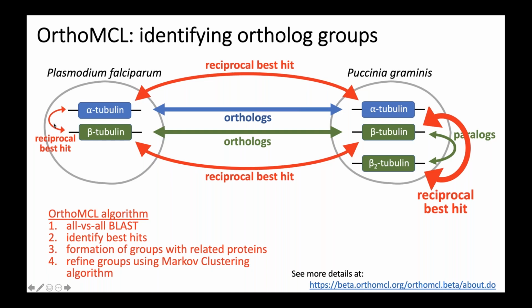This is a thinner line than this one, to indicate that this is actually a better hit. There is more sequence similarity between alpha tubulin and alpha tubulin than between alpha tubulin and beta tubulin. From all of these results, we can infer that alpha tubulin is an ortholog of alpha tubulin, and beta tubulin in this one species is a paralog of beta 2 tubulin.